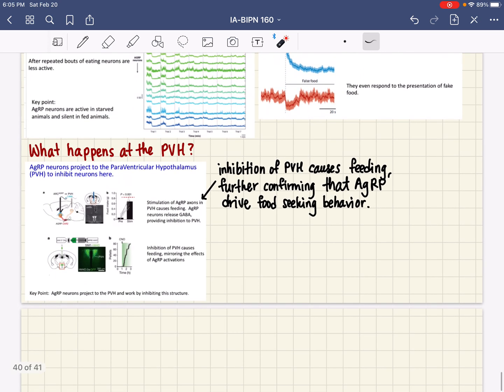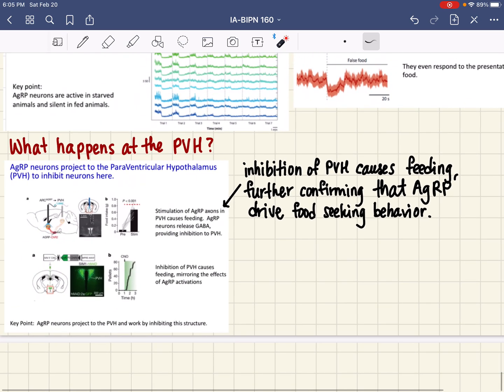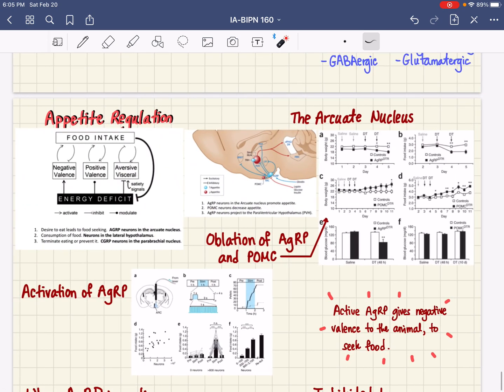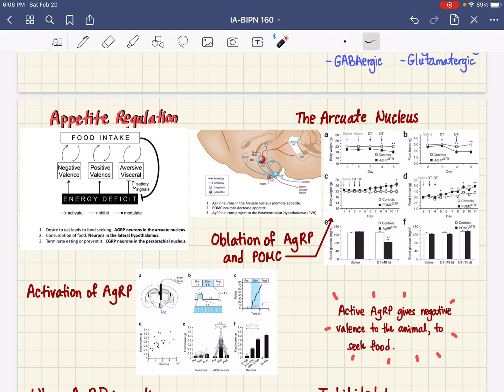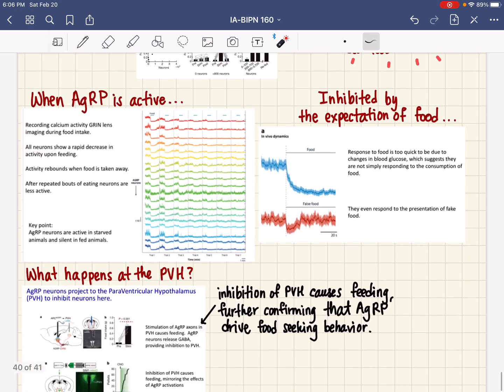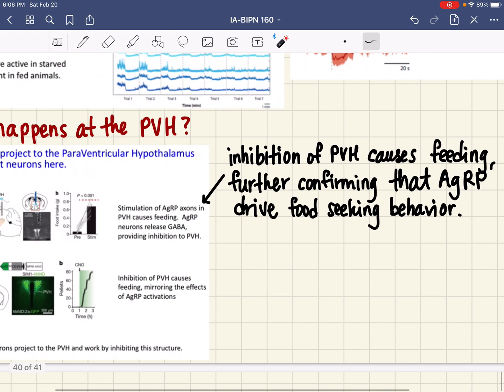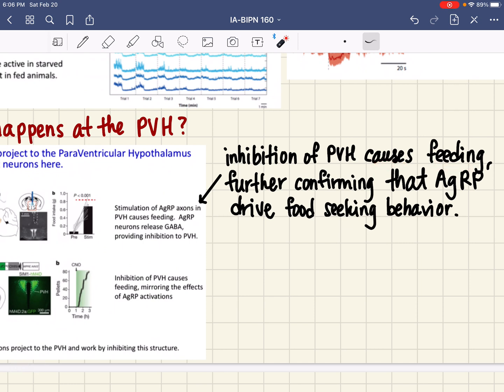And the last topic that I want to cover in this video, because I have to go do another study session soon, but remember when we talked about how AGRP projects to the PVH up right here? So AGRP projects to the paraventricular hypothalamus by inhibiting it. So this was a study that looked at the inhibition of PVH, and they found that the inhibition of PVH causes feeding, and this further confirmed that AGRP drives food-seeking behavior.